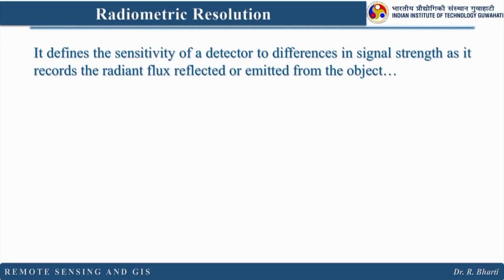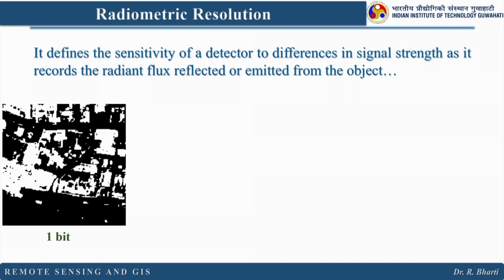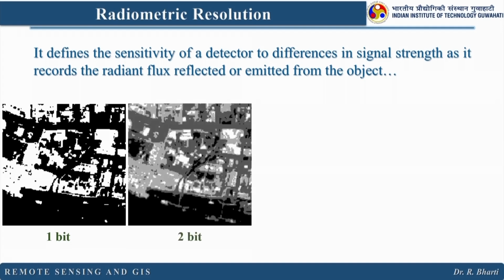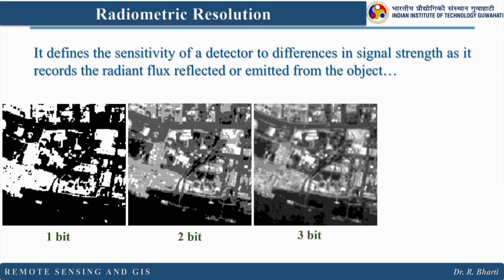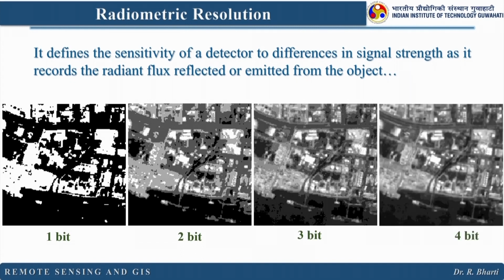So, this radiometric resolution is very important in terms of the level of information captured by the sensor. Here you can see this is 1 bit data, this is 2 bit data, this is 3 bit data, and this is 4 bit data.